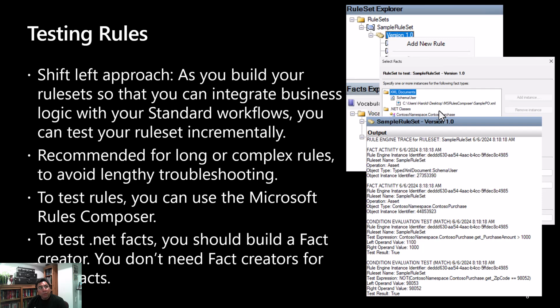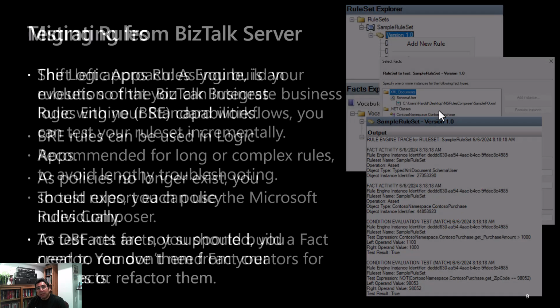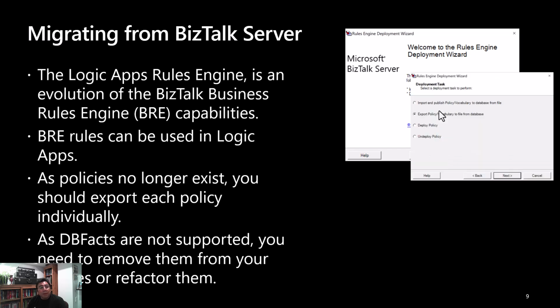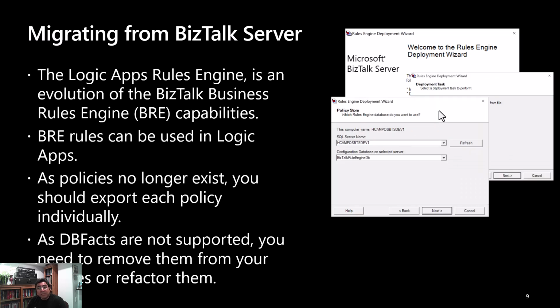Now, one of the core scenarios of the rules engine applies for customers who are migrating from BizTalk Server. The Logic Apps rules engine is an evolution of the BizTalk business rules engine BRE capabilities that were introduced more than 20 years ago. The BRE rules can be used in Logic Apps. As policies no longer exist, you should export each policy individually.